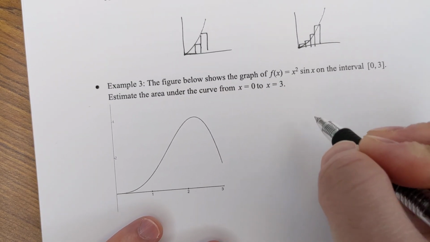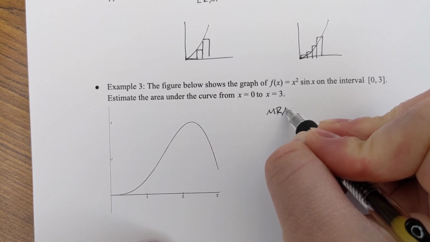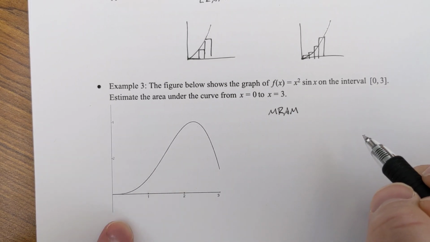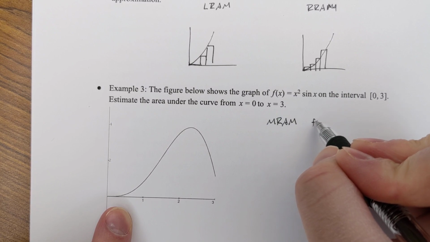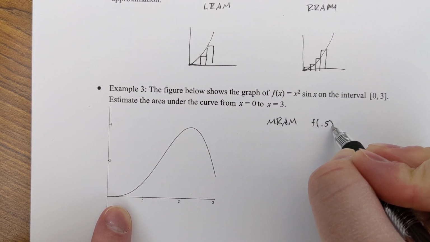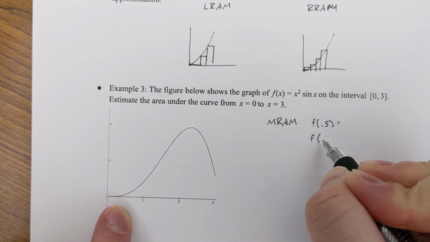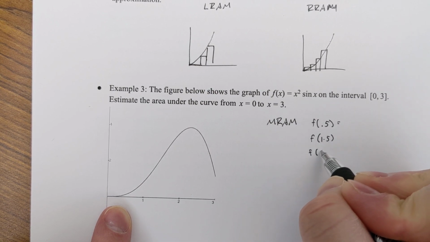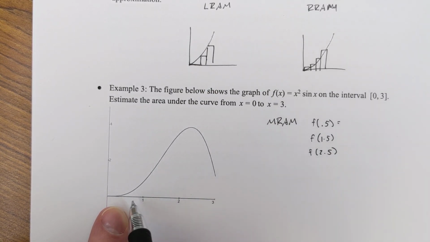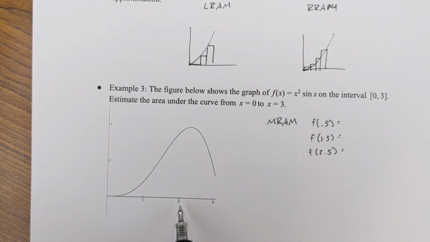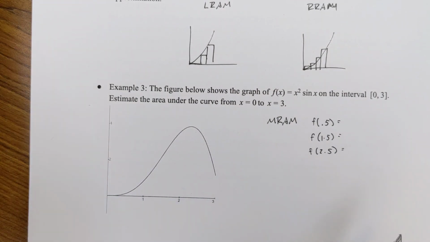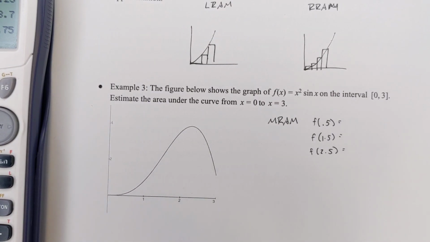So for MRAM, I'm going to use 1, 2, and 3 as my endpoints. So I need f of 0.5, f of 1.5, and f of 2.5, the midpoints of each of these intervals. And then I would total these values up. Since the widths are 1, it makes it easier. Now you can subdivide further. The smaller you make your subdivisions, the better off you are.